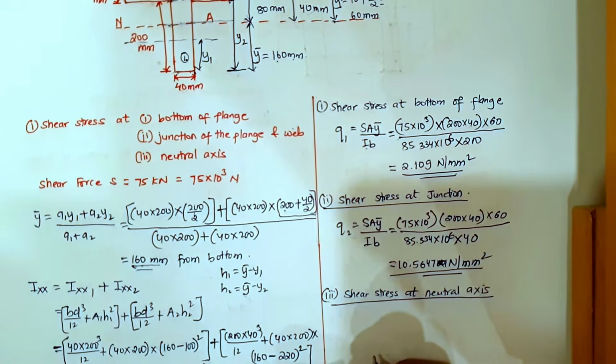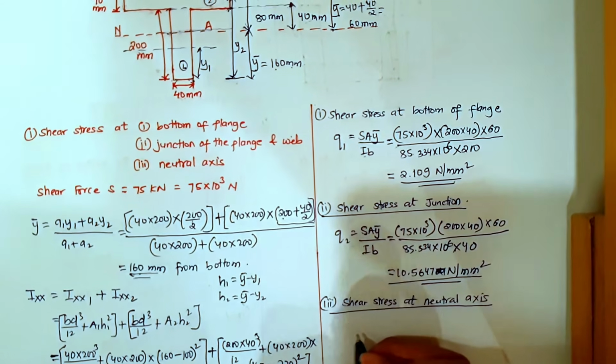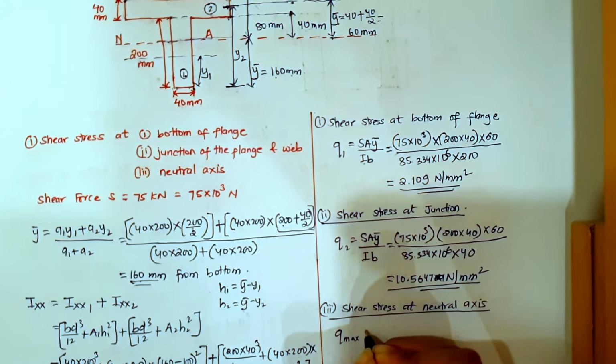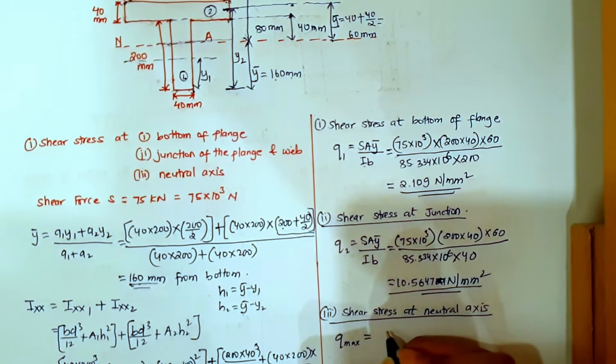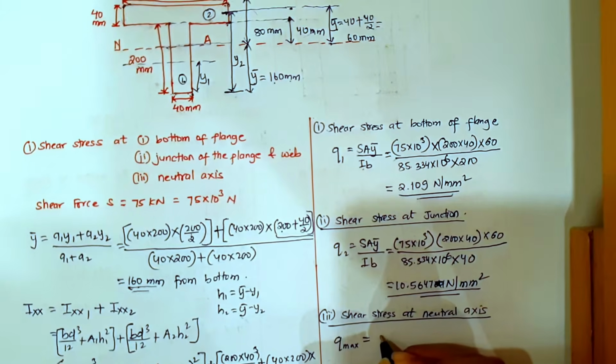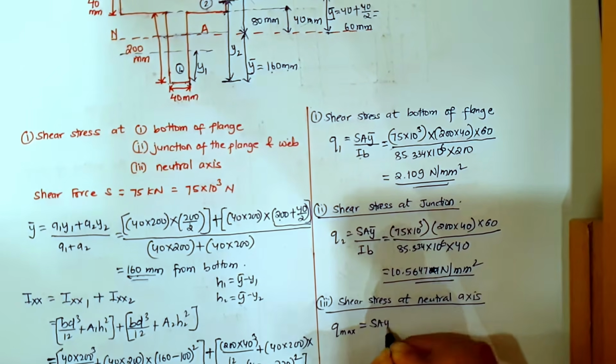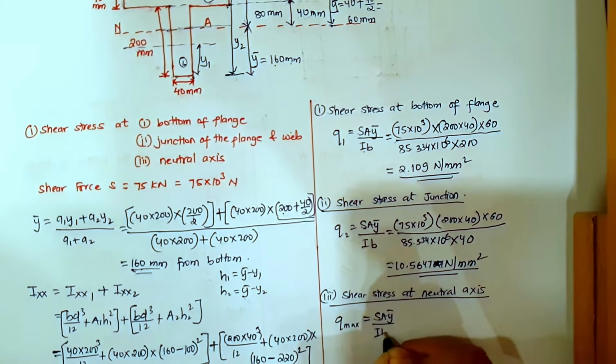Shear stress at neutral axis will be coming equal to Q max, which will be equal to S A y bar by I B again.